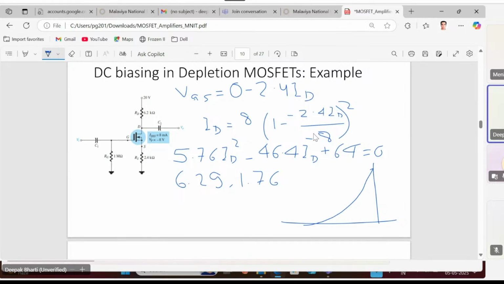So here, that will be the equation of the straight line passing through the origin, like this.